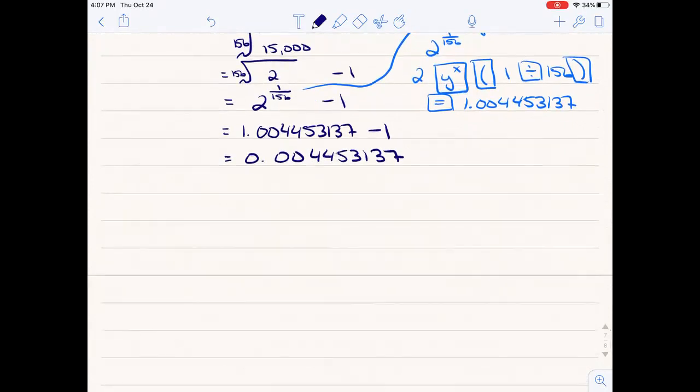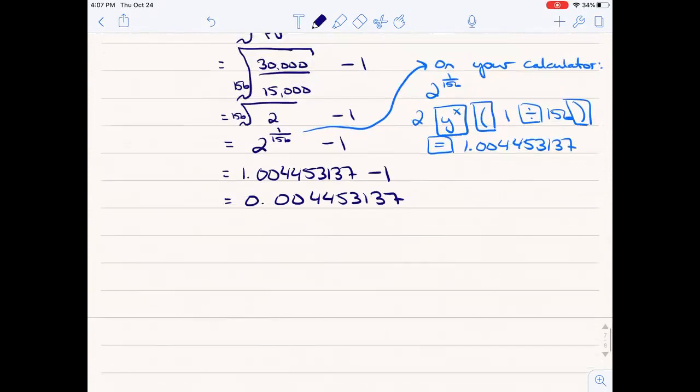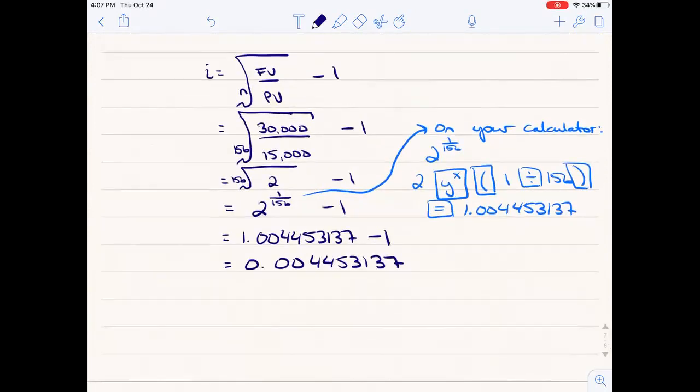So now I is 0.004453137. We wanted the nominal rate, R, right?